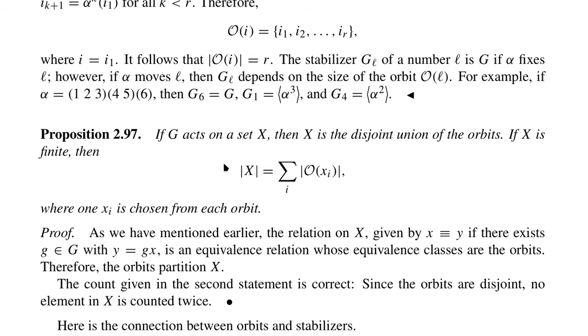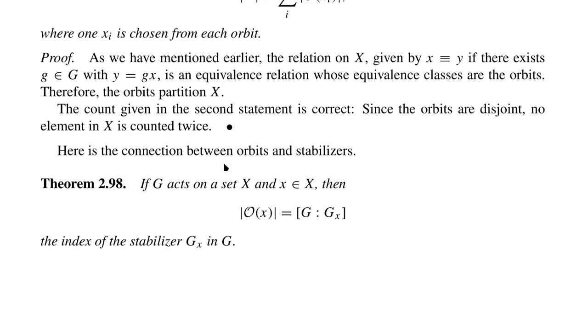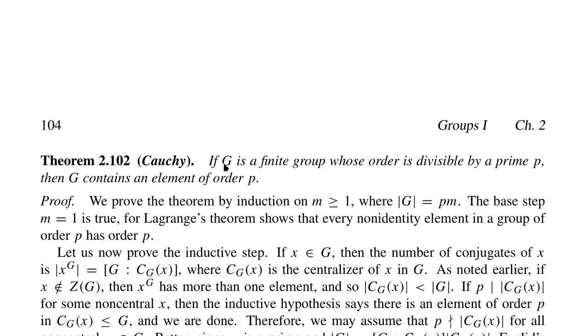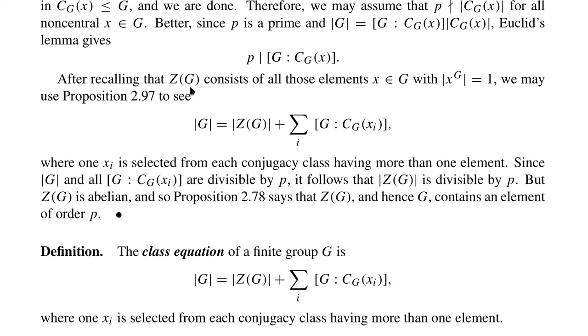So the summation of orbits is equal to the set on which you're having the action. We use that to denote that the order of G is equal to the order of the center of G plus you add all the indexes of the centralizer of all the elements.